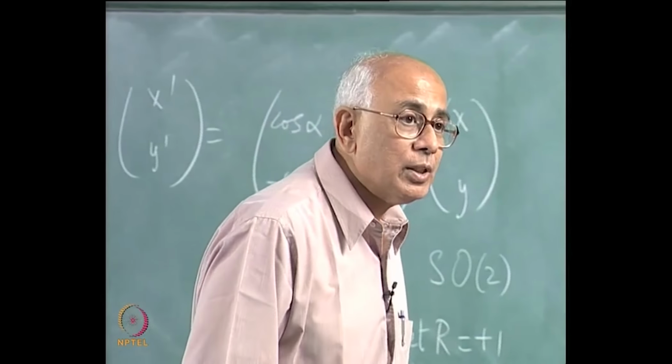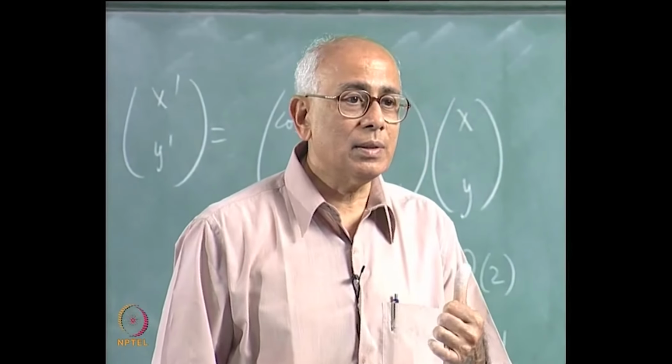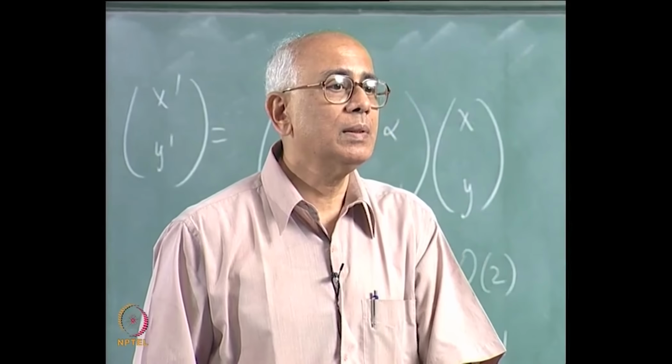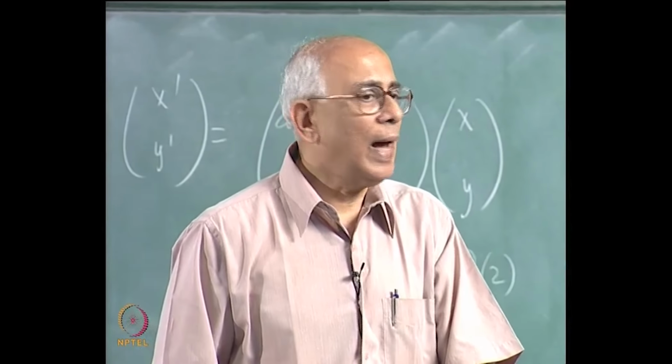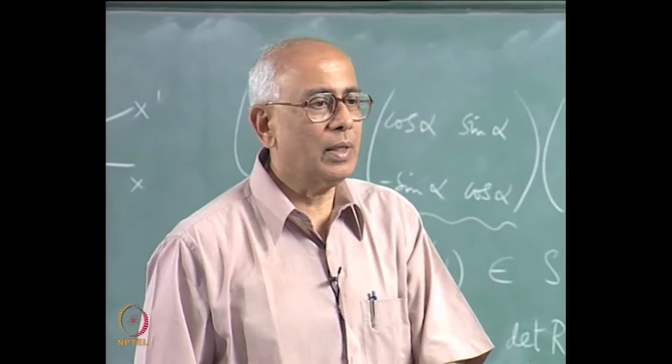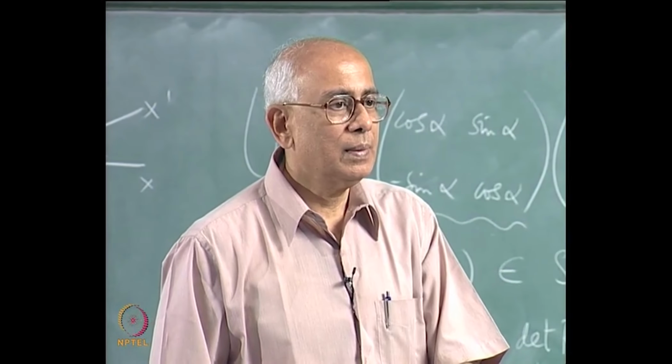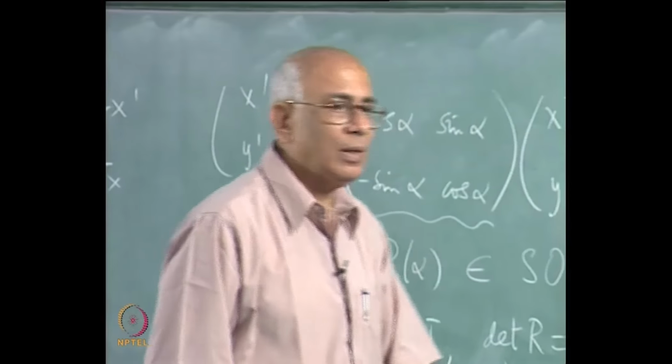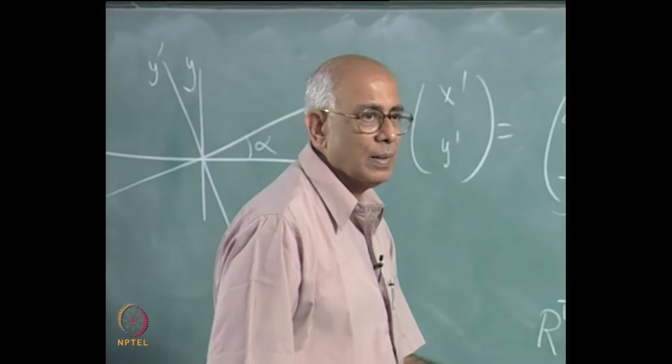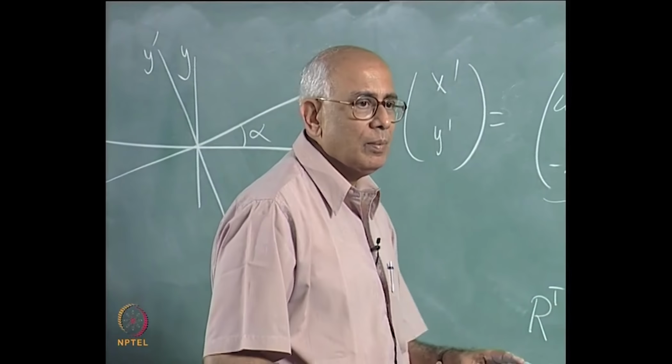Or if I look at 2 dimensions, there is no third axis, it is about a point. So an axis need not be identified with a rotation. That is an accident of 3 dimensions. It is an accident of odd dimensionality, we will come to that.